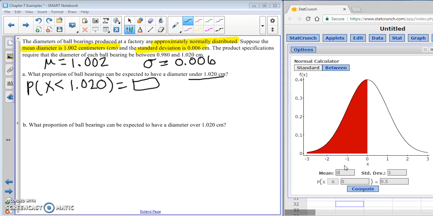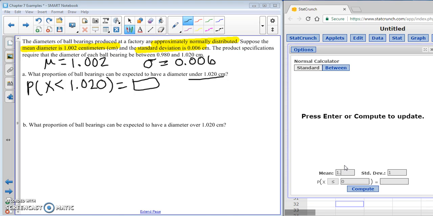So we're going to put in our mean in StatCrunch, 1.002, and our standard deviation of 0.006, and we want less than or equal to 1.020, and we're going to hit compute.